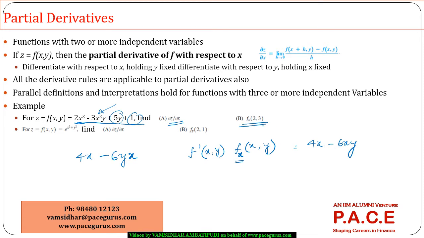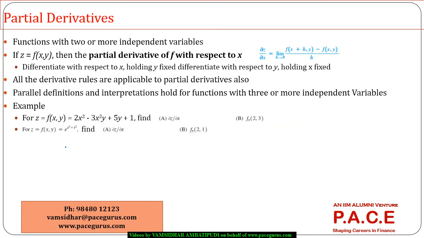And the second question is asking to find it at 2 comma 3, which means substitute x equal to 2 and y equal to 3. x equal to 2 makes it 8. So 6 into 2, 12 times 3, 36, making it minus 28. So this will come out as minus 28, and for this I know the value. The same logic. It looks like everything is the same kind of differentiation, right?